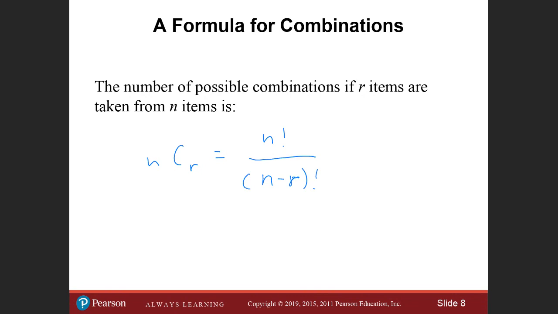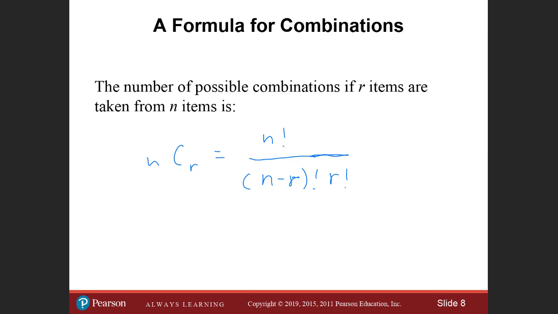And actually that's the permutation formula, but we just added r factorial here to make it a combination formula. So that's the formula for combination.